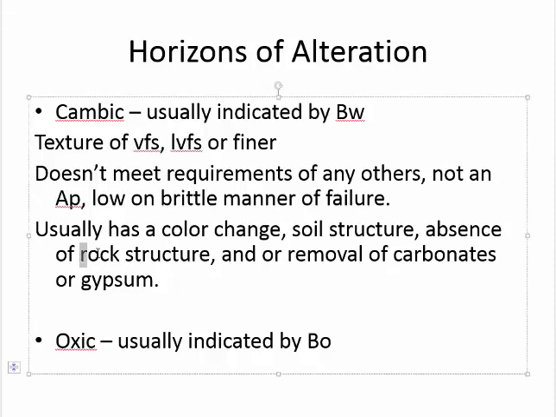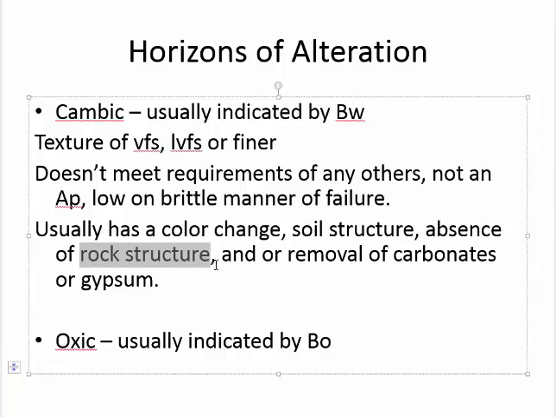Now, I want to talk a little bit about rock structure because this confuses people sometimes. This is not synonymous with soil structure. Soil structure would be something like subangular blocky, prismatic, granular, whatnot.